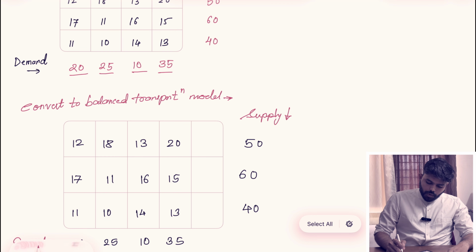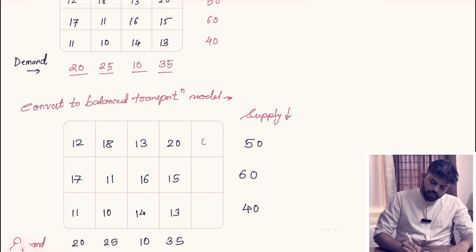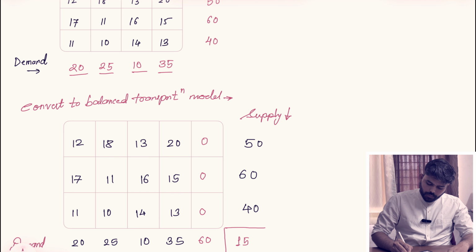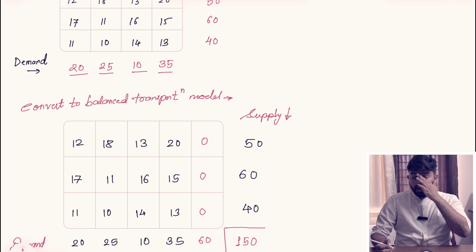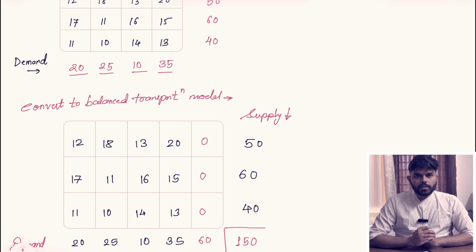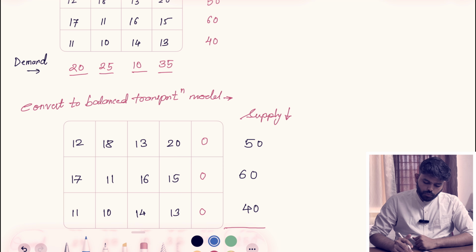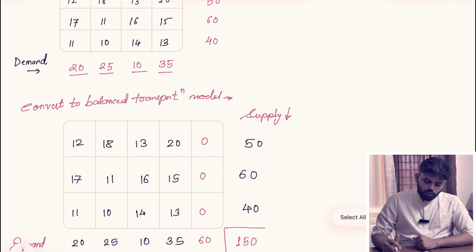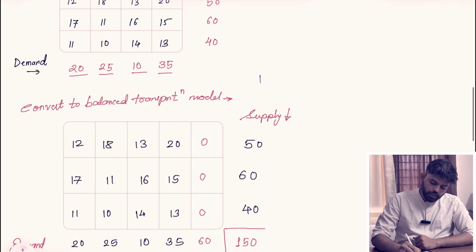So to convert this problem into a balanced numerical, we have added one column where the cell value will be 0, and the demand will be 60. Now if we add the total demand and the total supply, we get 150. So it means that we have converted the unbalanced transportation model into a balanced transportation model. Now let us solve this numerical by northwest corner method.